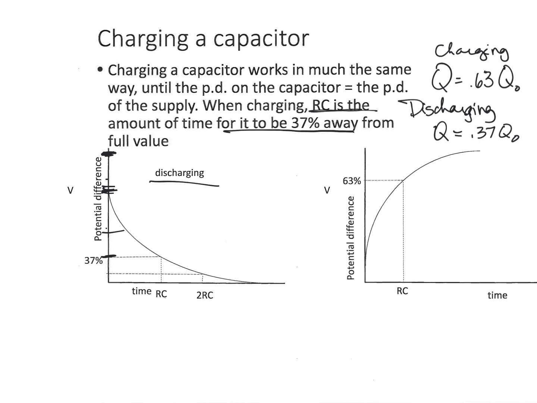And how we figure out what that time is, remember, this is potential difference. This is voltage over what? Time. We follow this over to the curve, and then we follow it down and figure out what that time is, okay? And whatever that time is, that's tau.